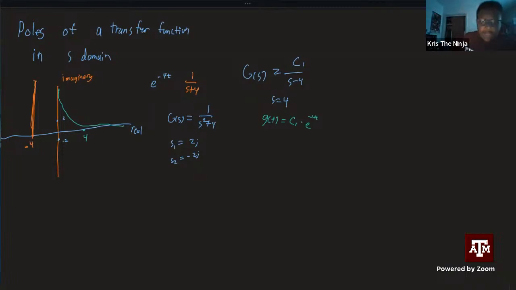If you end up having a sine function, let's do this in pink. So e to the minus 2t times sine of 2t is going to look something like this, but it's going to oscillate forever basically.